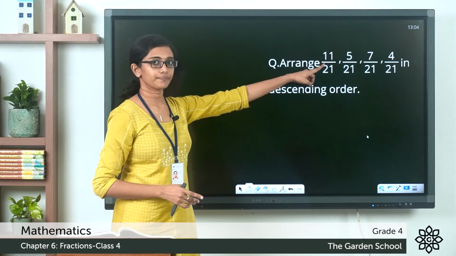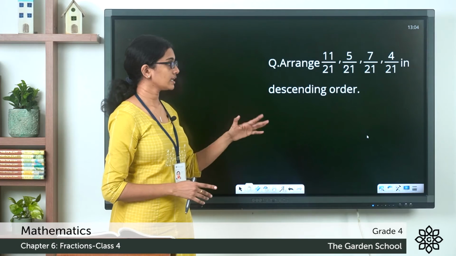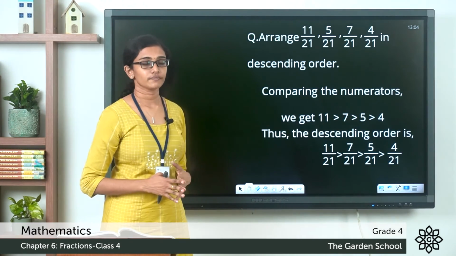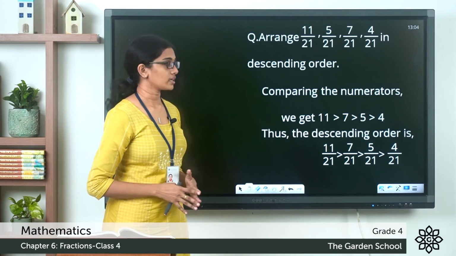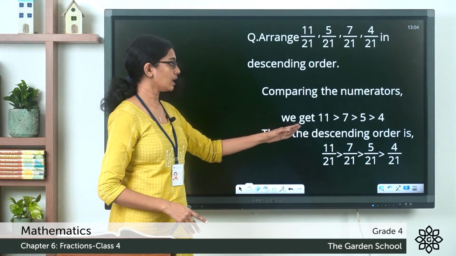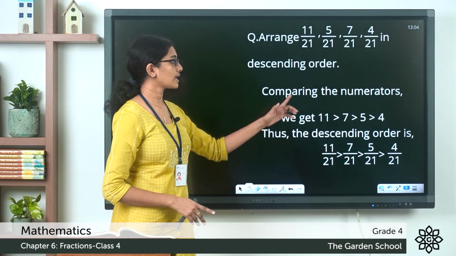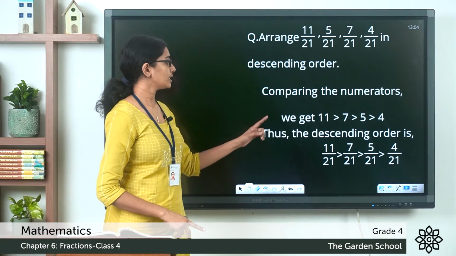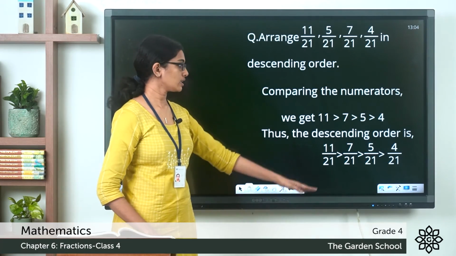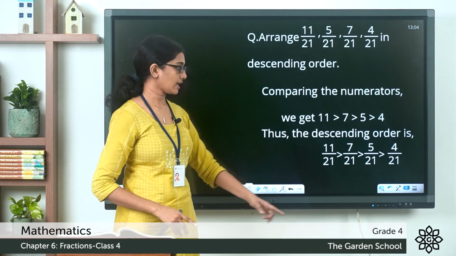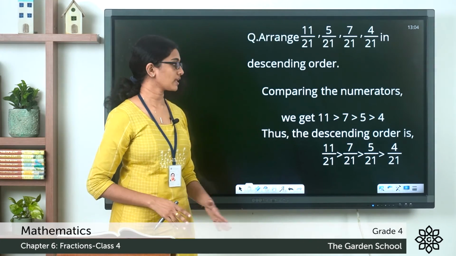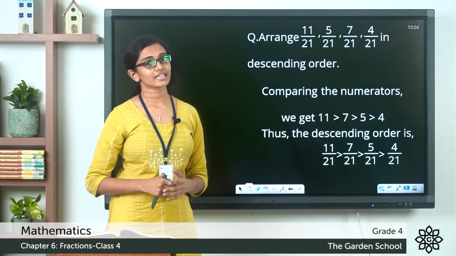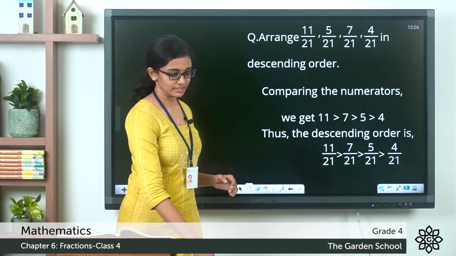It is 11. Next comes 7, then 5, then 4. So let's compare and rewrite the given fractions in descending order. Comparing the numerators, we get 11 greater than 7 greater than 5 greater than 4. So the descending order is 11 by 21 greater than 7 by 21 greater than 5 by 21 greater than 4 by 21. See, now the fractions are arranged in descending order. Hope you are clear with this.